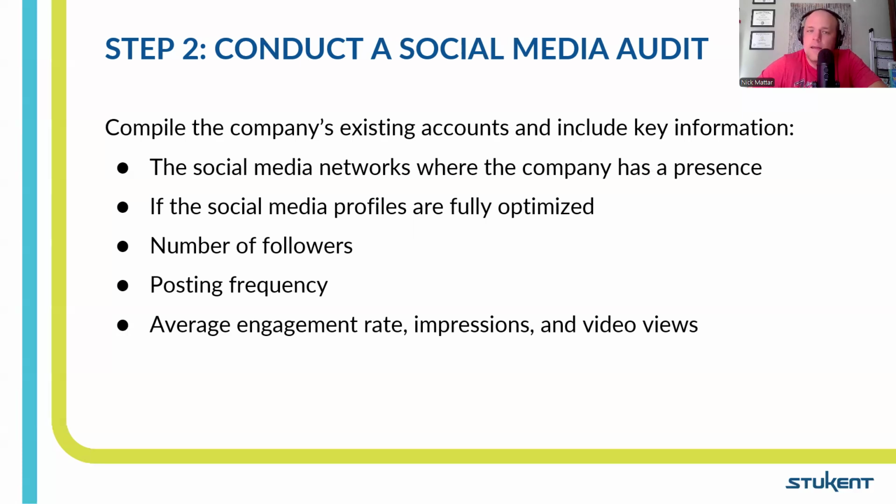Then you can get an average engagement rate, see what kind of impressions you're getting, and also, if you have video, especially, are people watching it? How long is it? Also, what's the average watch time? Because as you will see, I believe it's in the next couple of videos, video views in particular can be very deceiving.